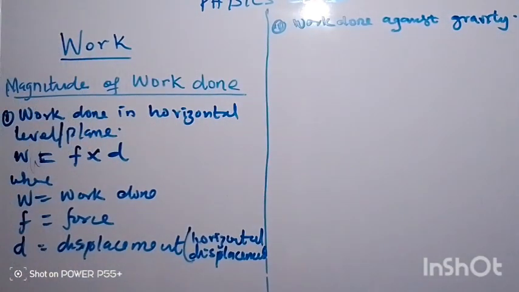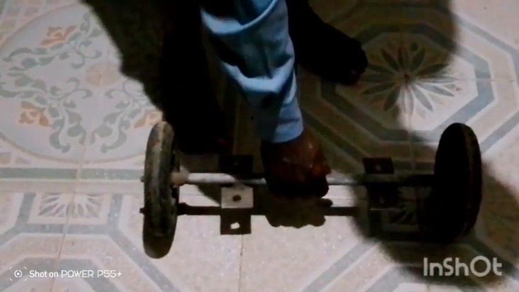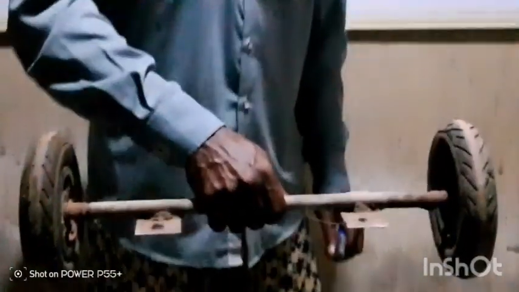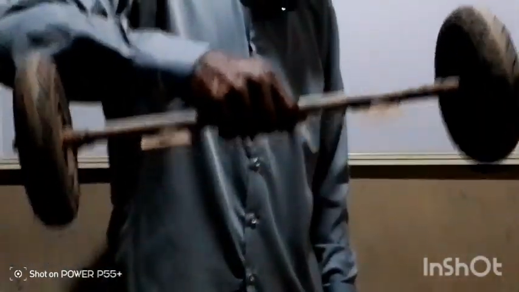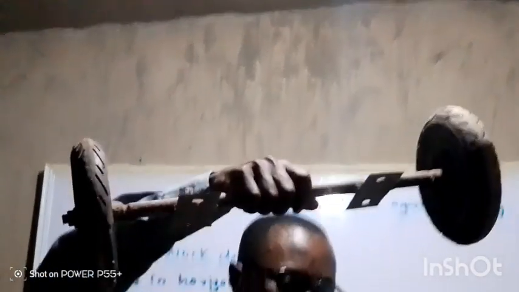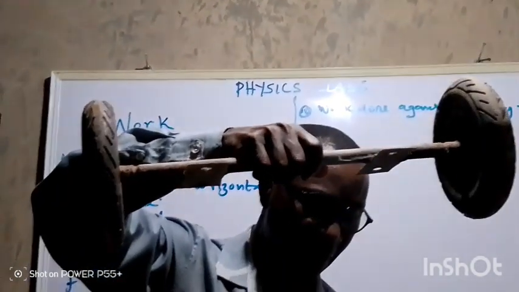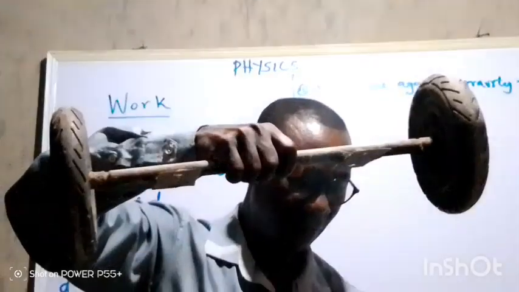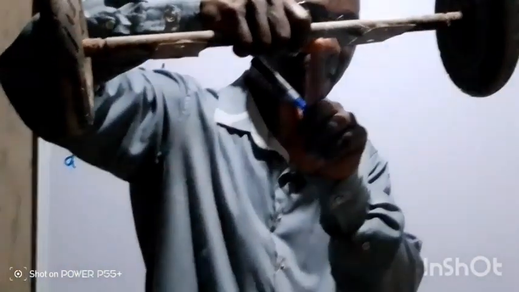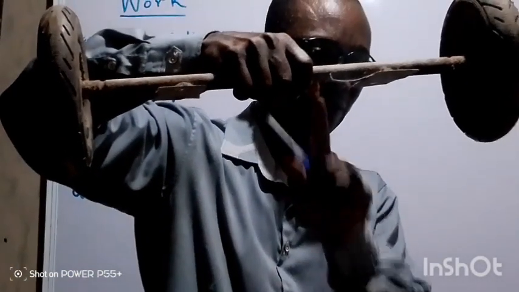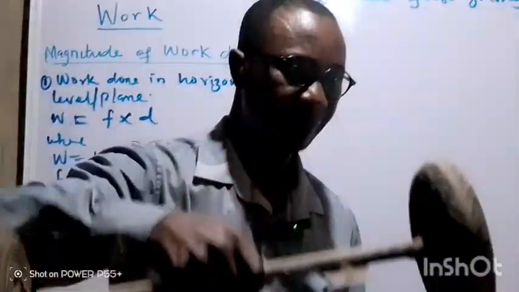For work done against gravity, when this weight is being lifted like this, force is applied, but the force applied is against gravity, vertically like this. So you now take the height from that floor to this height. That is the work done when you lift anything up against gravity.